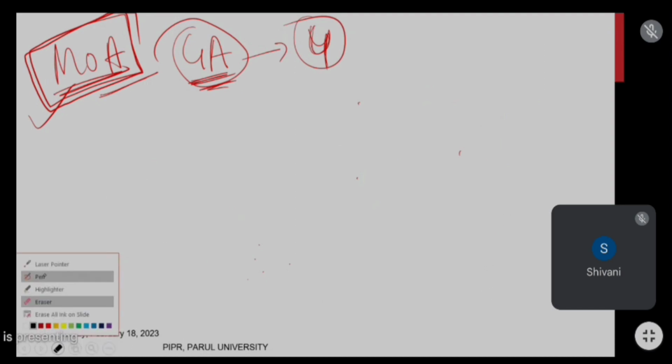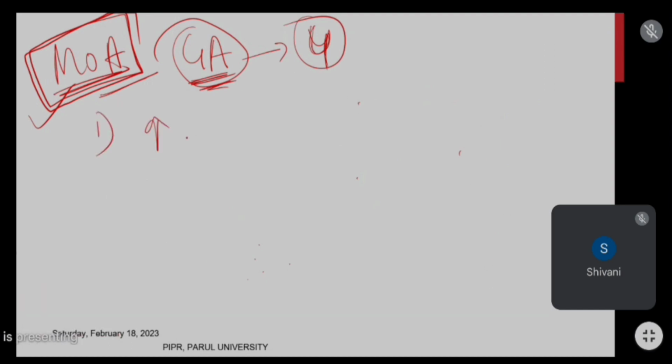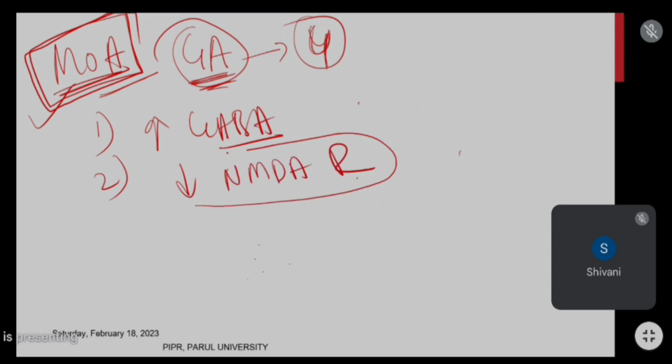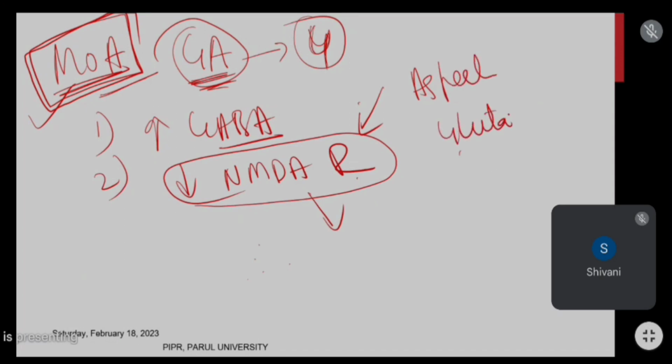What is the action of general anesthesia? First point, it is increasing the activity of GABA in the brain. Next, another important point, it will decrease the actions of the NMDA receptor. This N-methyl-D-aspartate receptor is an excitatory receptor. It is activated by aspartate or glutamate, which are excitatory neurotransmitters.